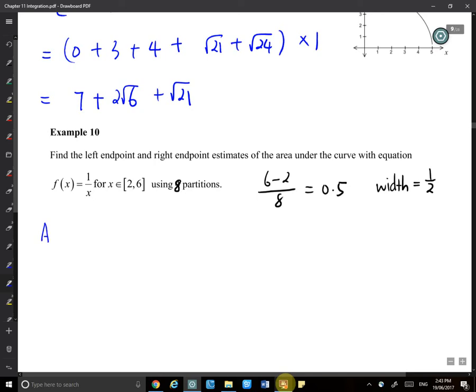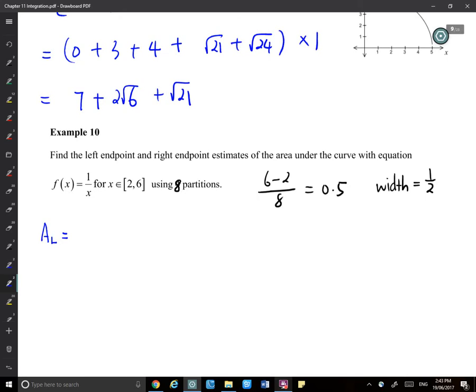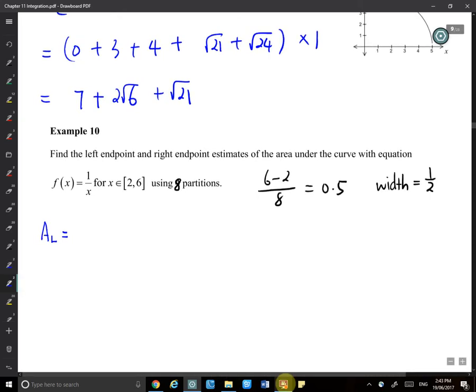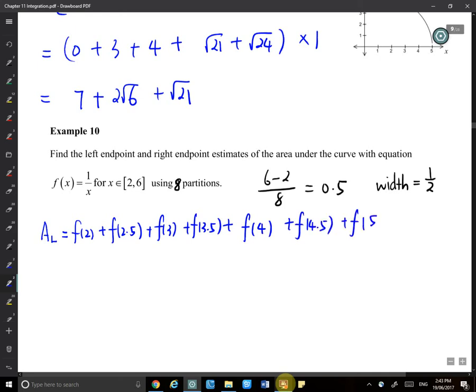Okay, so if I use the left-hand side approximation, what I will have is start from 2, so F2 plus F2.5 plus F3 plus F3.5 plus F4 plus F4.5 plus F5 plus F5.5, but not 6.